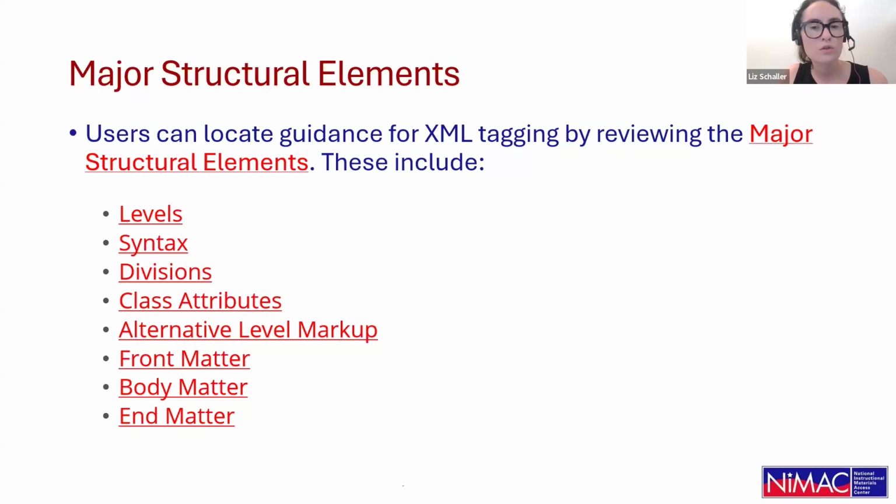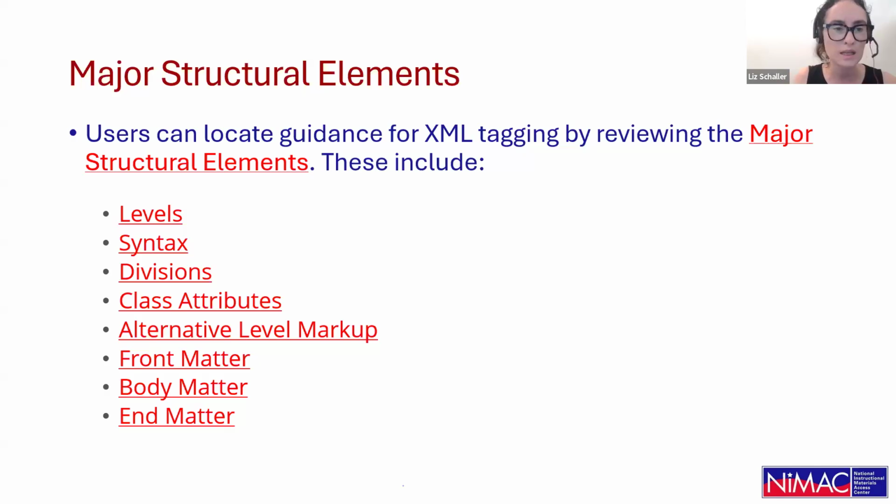The major structural elements, which are all linked here in this slide, include the levels, the syntax, the divisions and class attributes, as well as alternative level markup, and then the main structures of your book: your front matter, body matter, and end matter.